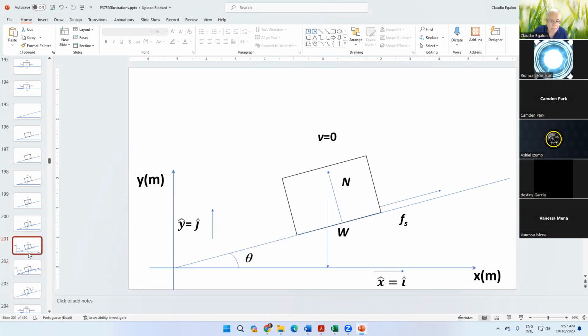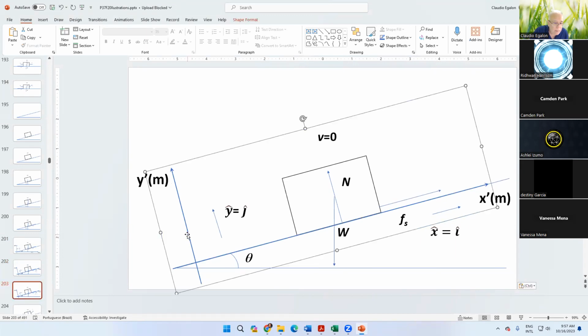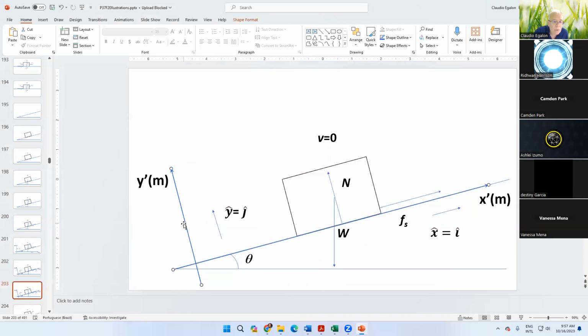Let's go for the next one. Yeah, this one. I'm going to ungroup first. I'm going to translate this y-axis right in here.